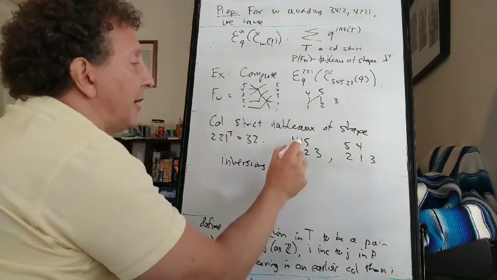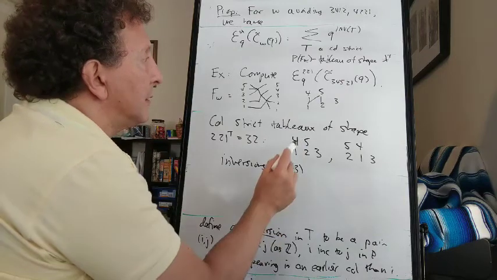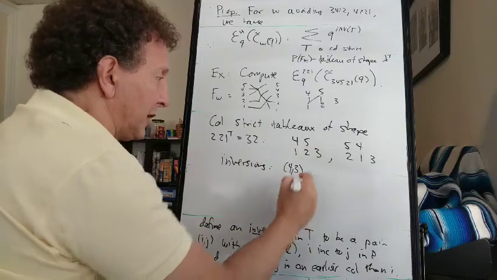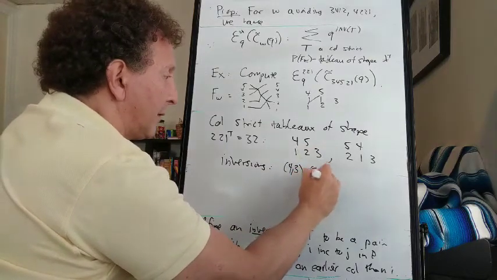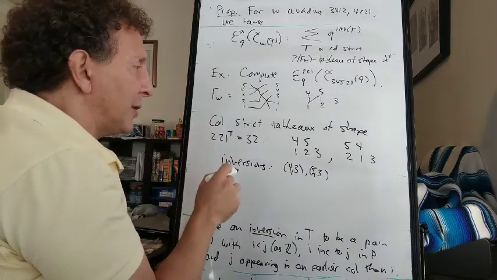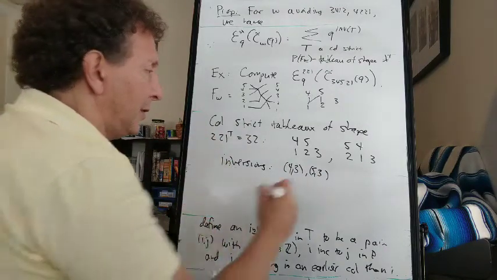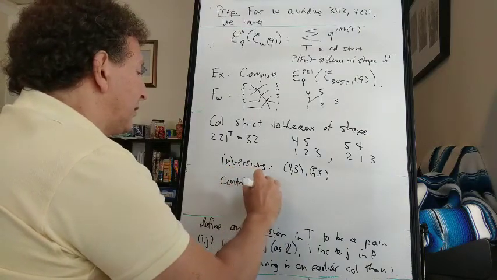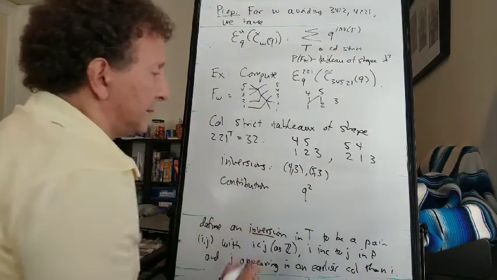And then 5 is greater than 3, 5 and 3 are incomparable, and 5 appears in an earlier column than 3. And I think those are all the pairs of greater number followed by smaller number. So the contribution of this tableau is q squared.